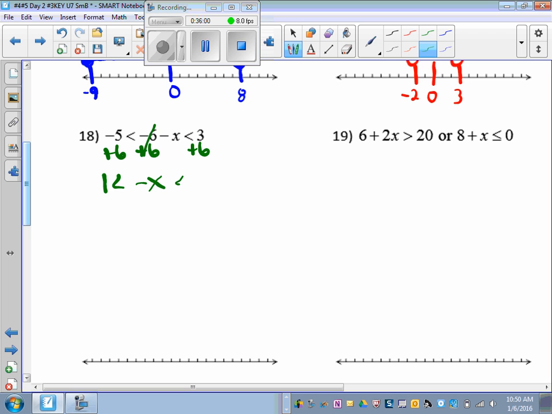And then 3 plus 6, what does that give me? We've got a negative x. How do I get rid of a negative?